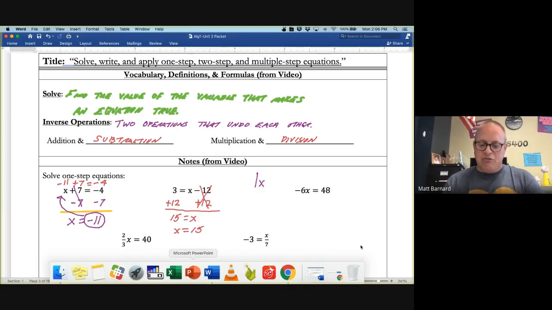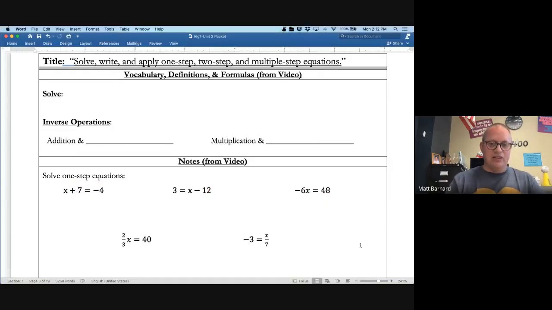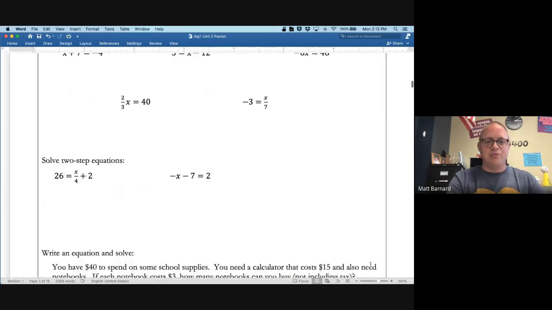So we're going to divide both sides by negative 6 here, because negative 6 divided by negative 6 makes just a 1x on the left side. And 48 divided by negative 6 is negative 8. And here we use the inverse operations of multiplication and division to undo one another. We can also do that in the next two as well. And so I'm going to go ahead and take those away for just a moment. And let's take a look at these last two.